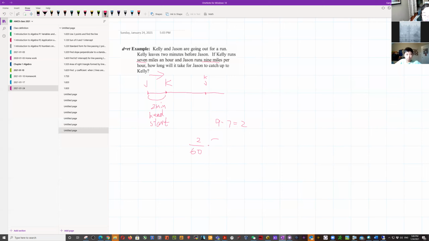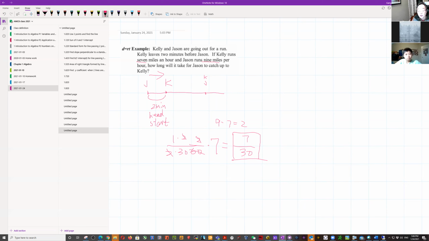Multiply by 7. We can cancel this part, because 1 multiplied by 2 and 2 multiplied by 30, so we cancel this. So it's 1 out of 30 multiplied by 7, so it's 7 out of 30. 7 out of 30 is the distance that Kelly runs in 2 minutes.